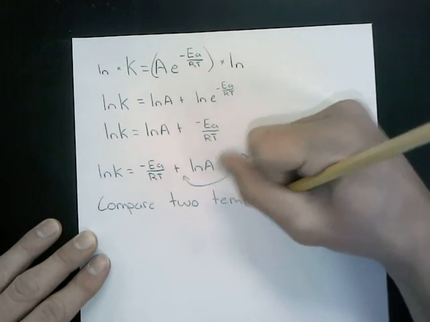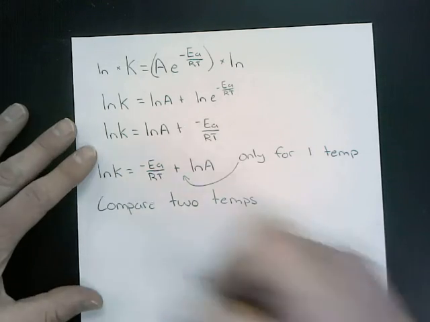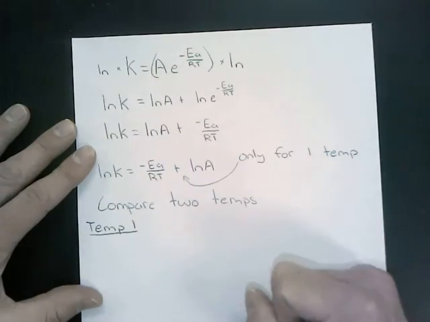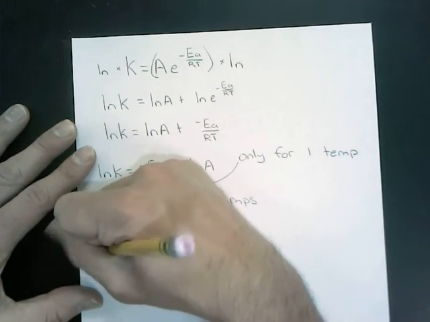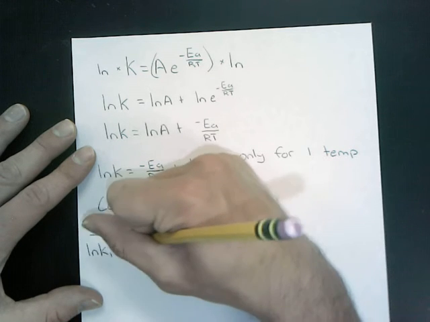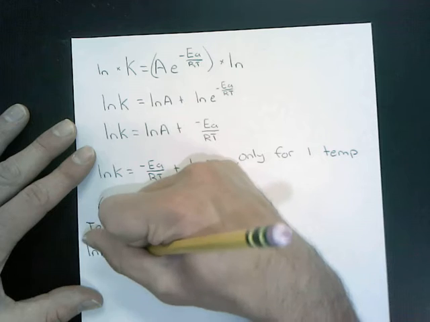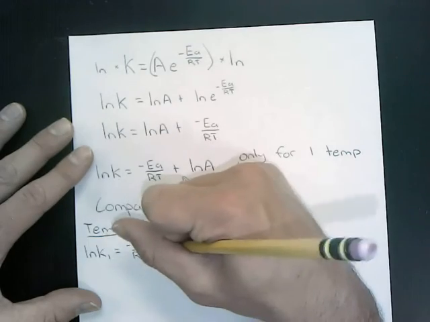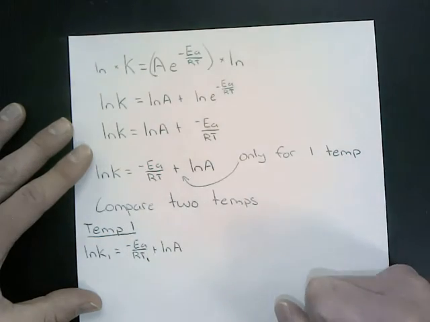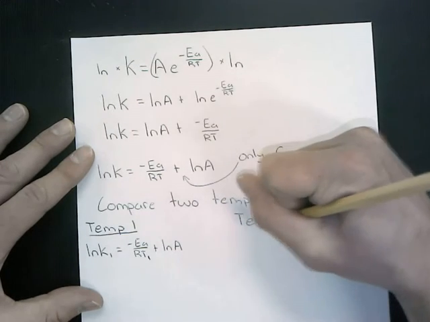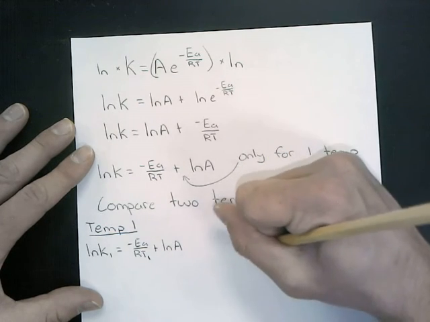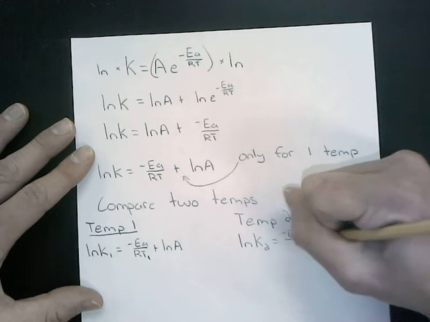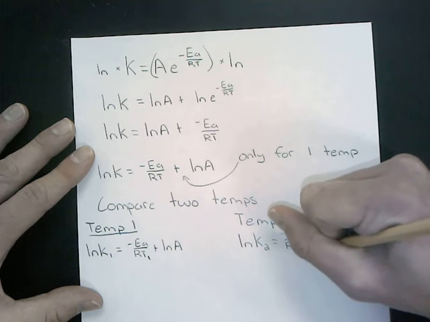So what we can do is this. For temperature 1, so I'm going to call this temp 1, we can say we have the natural log of k1 equal to the negative activation energy over R times temperature 1, plus natural log of A. Now for temp 2, we can do the same exact thing, but now we're going to have the natural log of k2 equals the negative activation energy over R times the temperature 2.